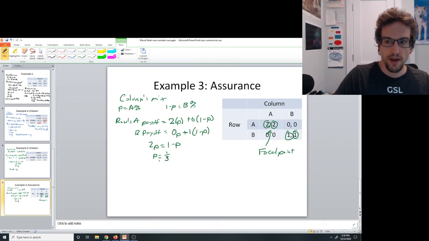Okay. And we can say that's true for both people, right? So P is 1/3 and Q is also 1/3, because again, we have the symmetry between the two sides.